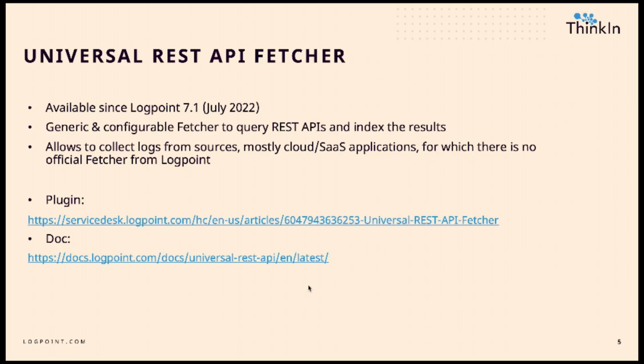Basically, when you want to get data from a cloud application or any kind of data source requiring REST API queries, Logpoint does provide out-of-the-box connectors for some data sources like Microsoft 365, AWS, Salesforce, etc. And before July 2022, we didn't have a generic, flexible way of configuring these kinds of data sources. So this is why the Universal REST API fetcher is here now.